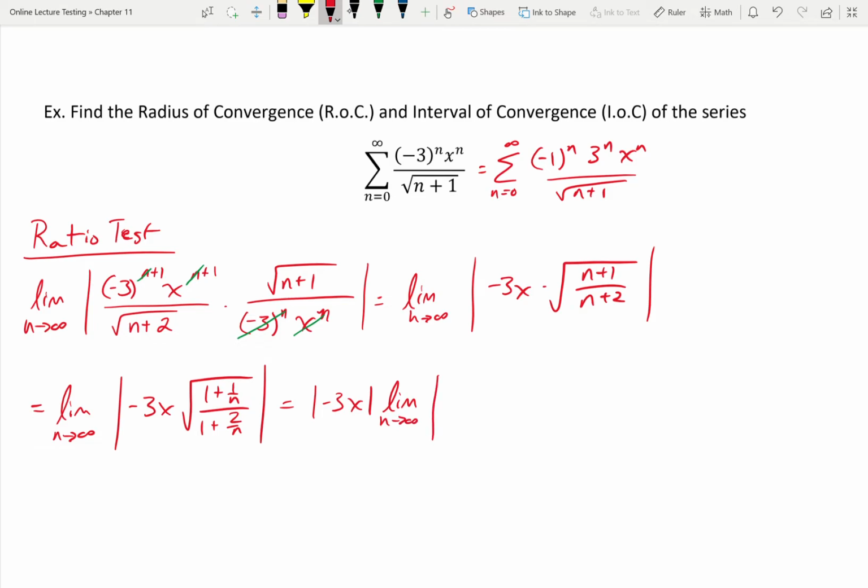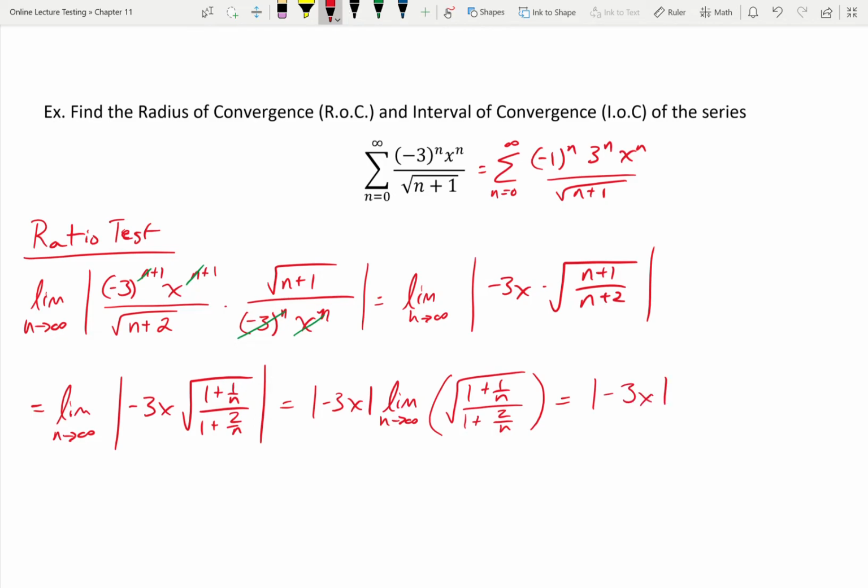And then I'm going to get the square root of 1 plus 1 over n divided by 1 plus 2 over n. In fact, I could actually drop the absolute value now because I know I'm not going to get 0 here. So I'm going to go ahead and do that. Well, as n approaches infinity, I'm going to get the square root of 1. So in the end, I get the absolute value of negative 3x.